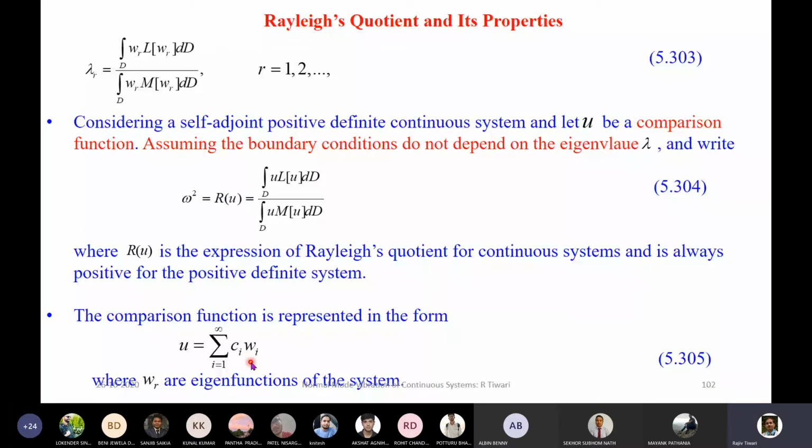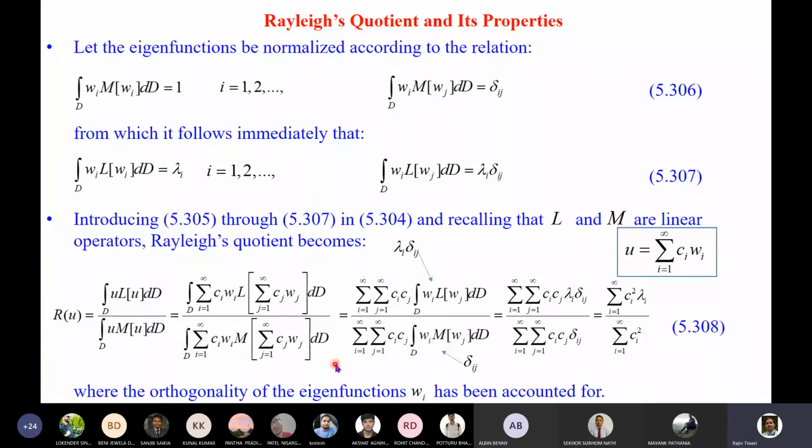Okay, so before substituting, let us see some of the properties of the M operator, which we have been deriving in the previous lectures. So this is the normalization of the ith eigenfunction with respect to the M operator.